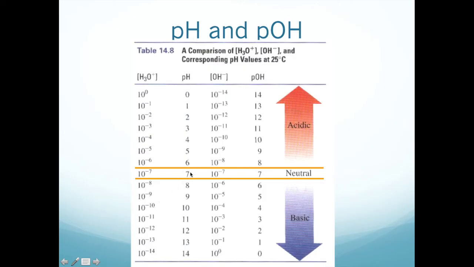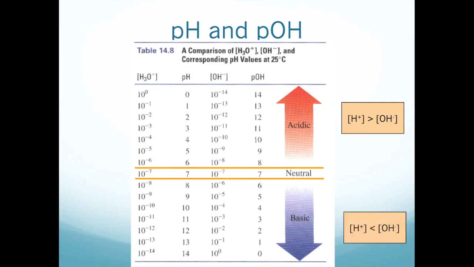A pH of 7 means that your pOH is also 7, and that means that you've got a neutral solution. Since we typically look at pH, any pH that's lower than 7 means that you have an acidic solution. Any pH that's above 7 means that you have a basic solution. Okay, so keep that in mind when you're looking at your actual pH values.